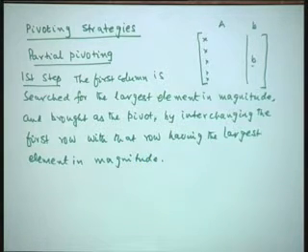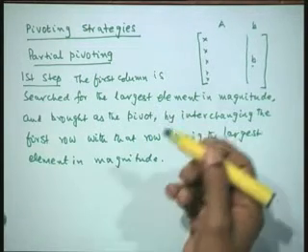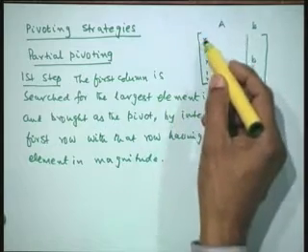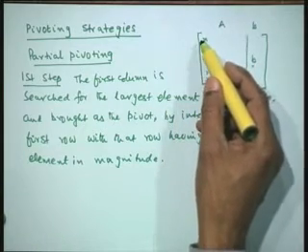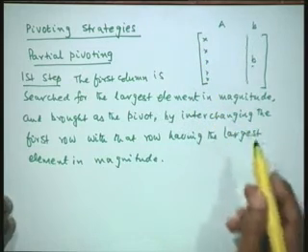Now, you can note that if the first element is 0 or very small, then we are automatically avoiding division by that pivot, because that element which is 0 or a very small number is thrown to some other position in that column.